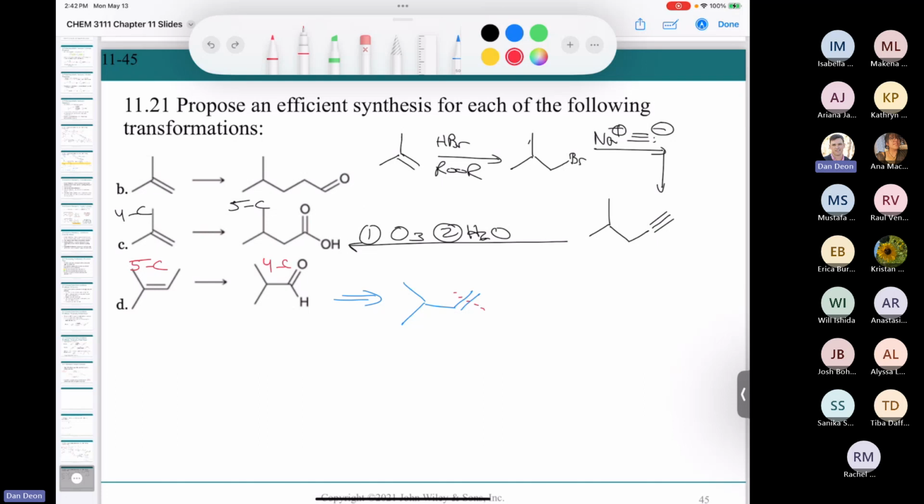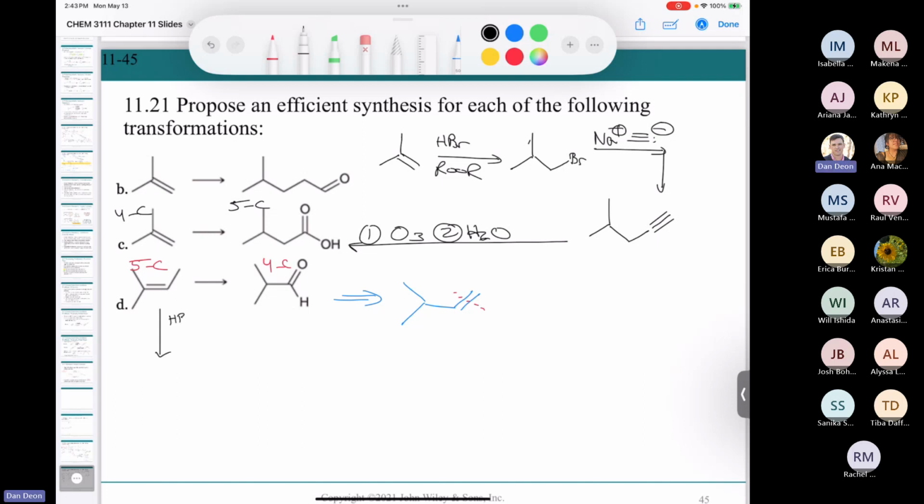Would I start with a Markovnikov addition of HBr or anti-Markovnikov? So the first step, would it be Markovnikov or anti-Markovnikov addition of HBr? So not for this one, right? Because I would want to move the bromine over here onto this position. So it's going to be anti-Markovnikov.